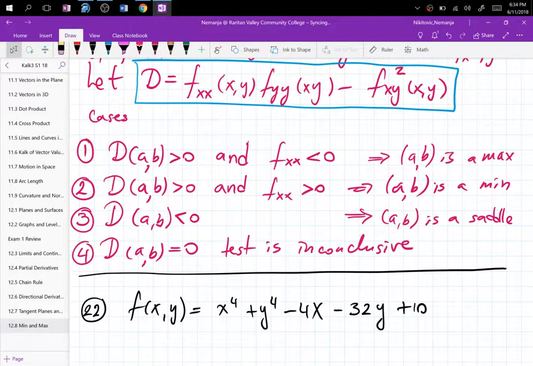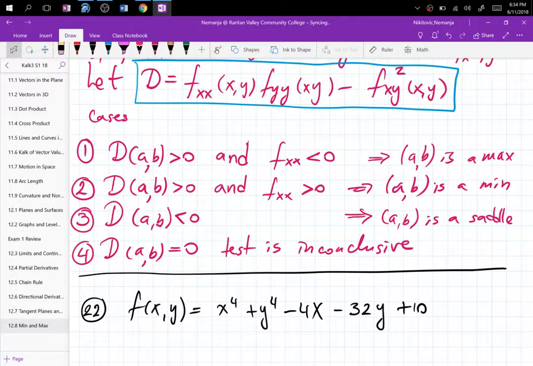Now your critical points that you found, those will be your a and b one at a time, and you test them all. Some of those will be min, some will be max, some will be saddle, depending on the point. See you in 30 minutes. I'm just kidding.